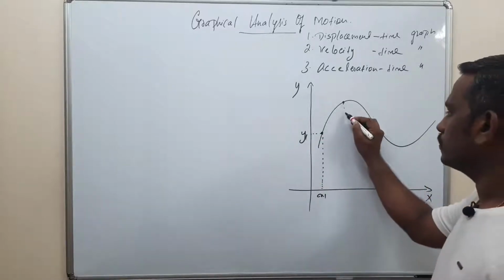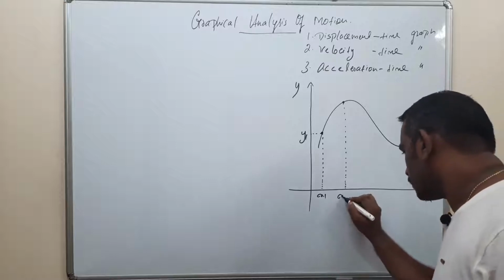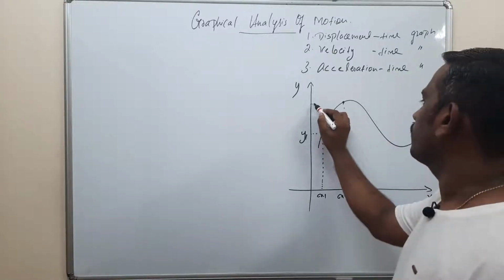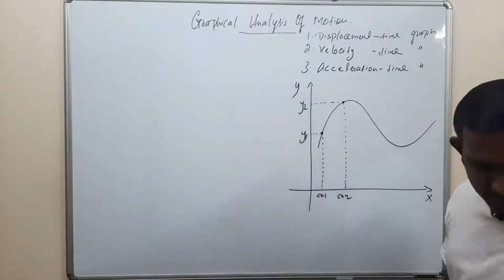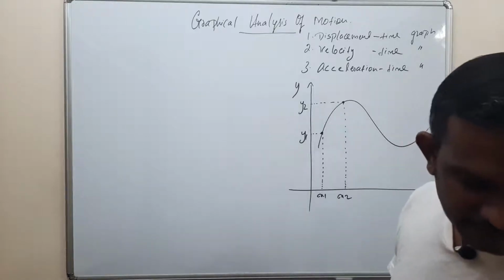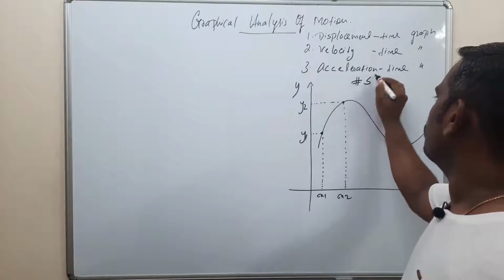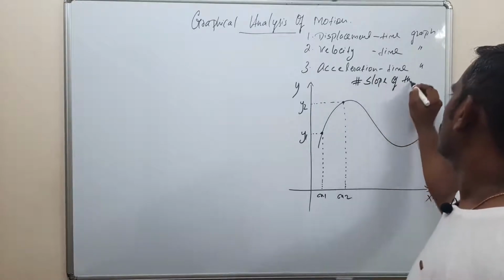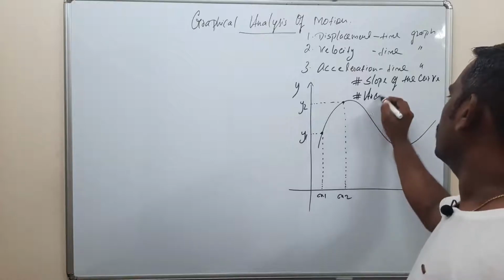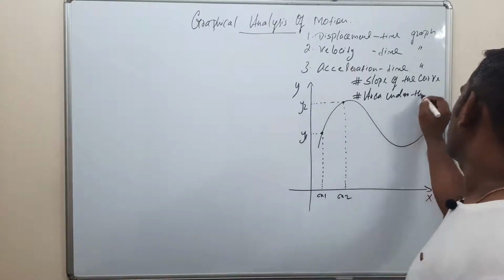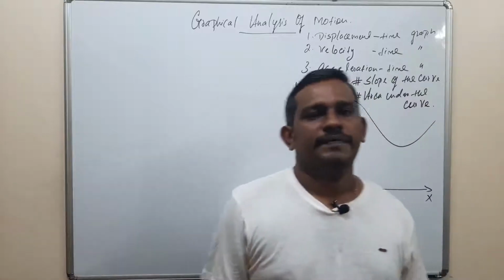Similarly x2 and y2. When we study graphical analysis of motion, two things we have to consider: one, the slope of the curve; two, the area under the curve.